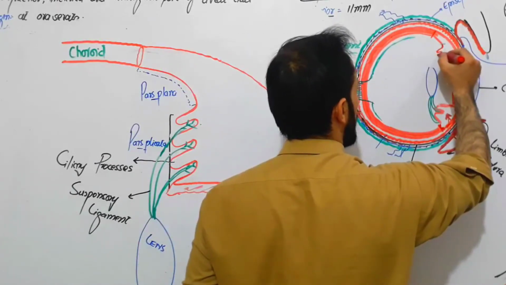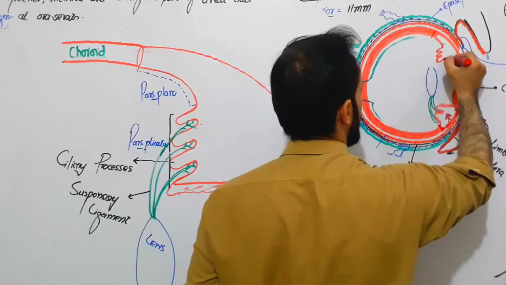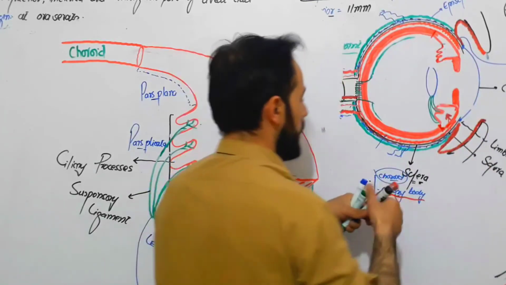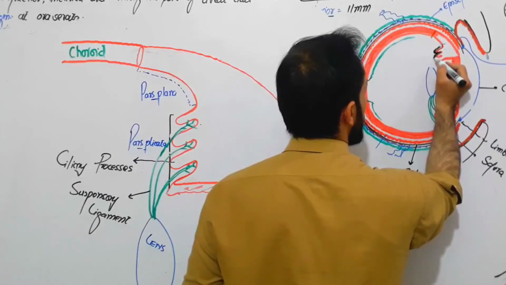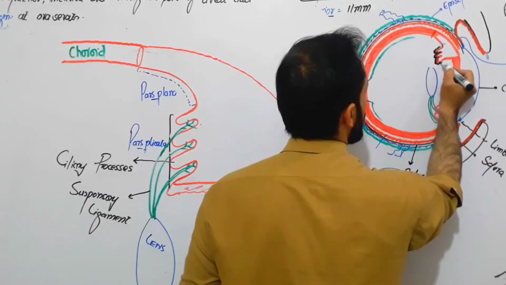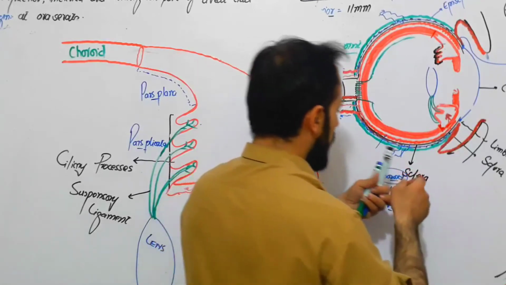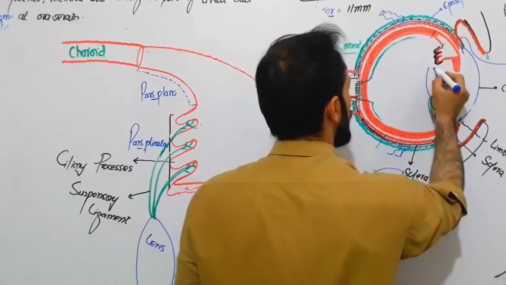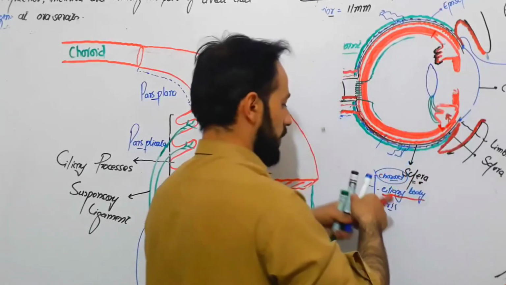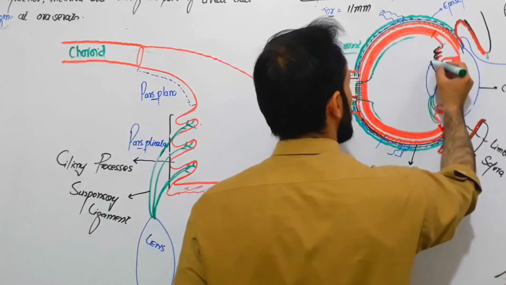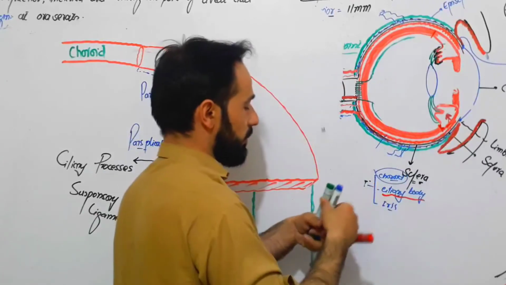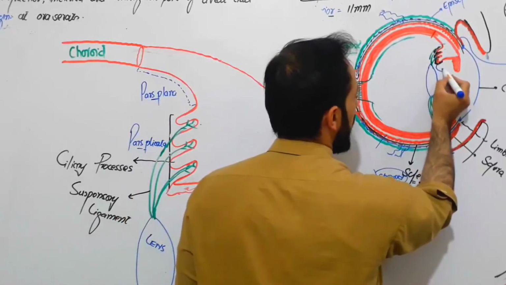So these are the striations, these are the plications, and these plications have some important epithelium, and those epithelia are responsible to do what? They are responsible to synthesize and secrete the aqueous humor.